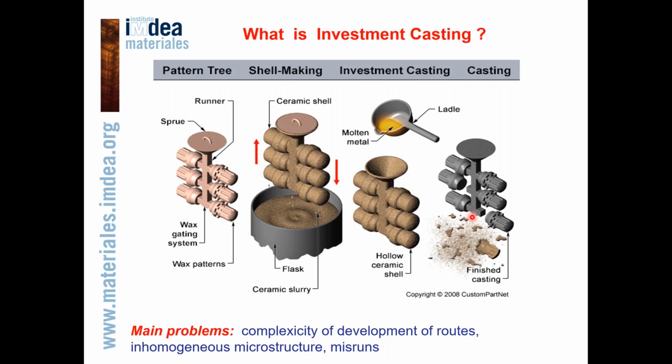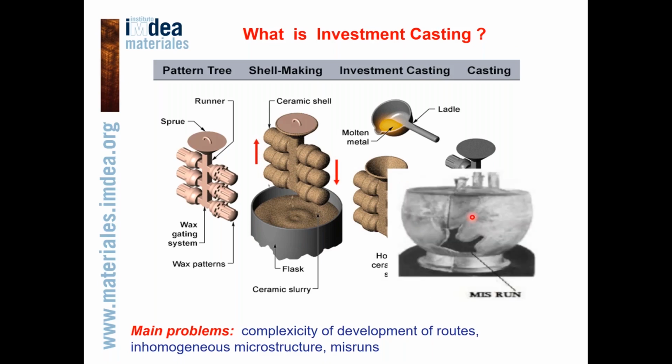Also, investment casting of complex shaped parts with thin elements often results in formation of misruns. A misrun occurs when the molten metal freezes before it reaches all parts of the mold cavity. Therefore, it is important that we prevent misruns from occurring during investment casting.